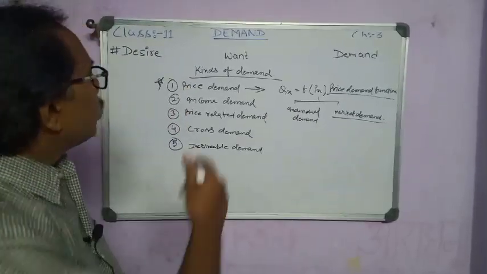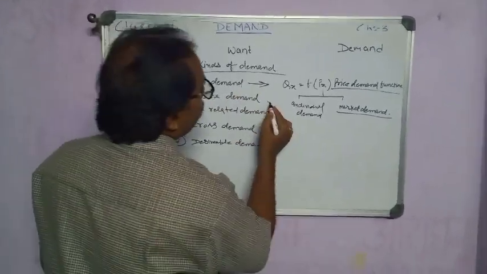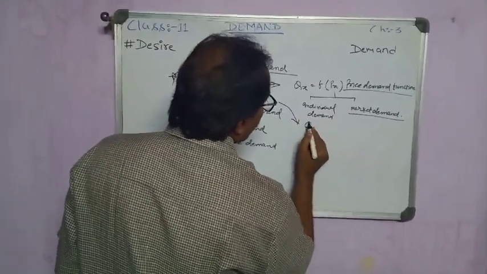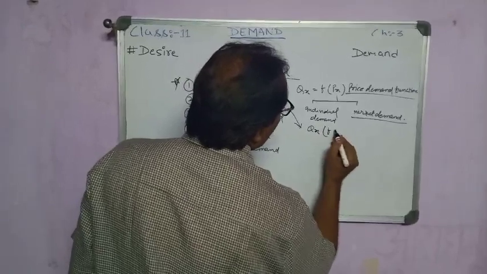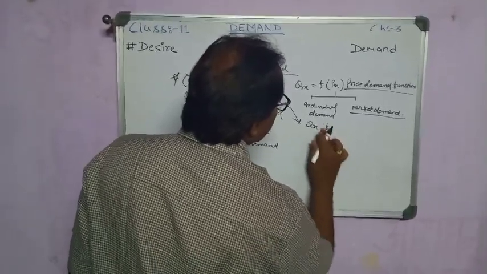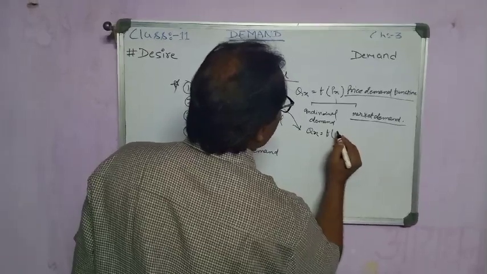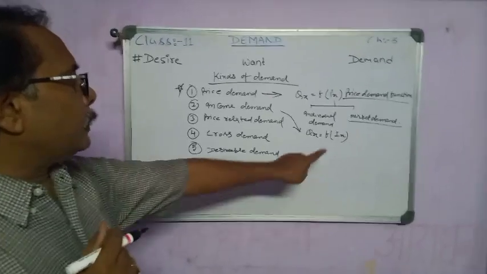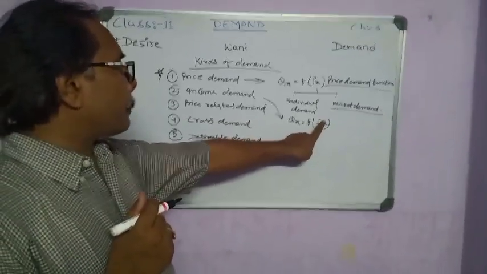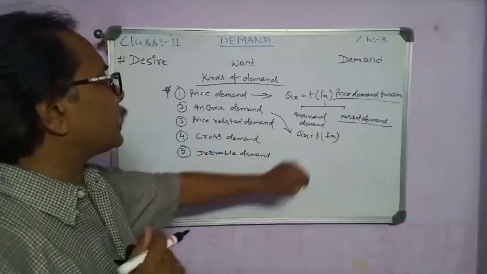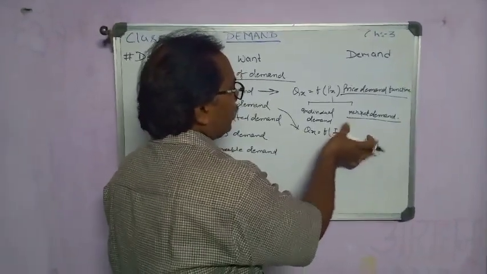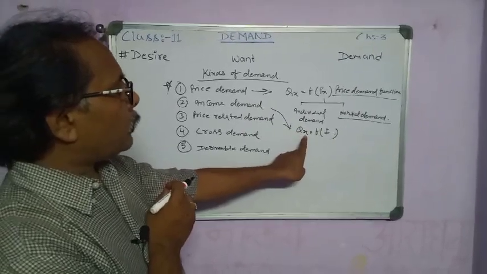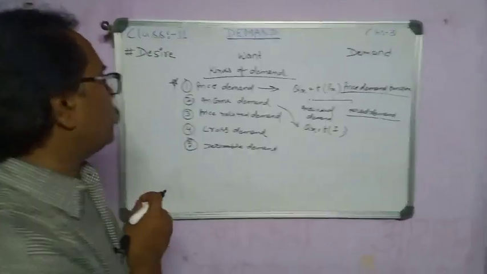Now suppose that is the income demand. Income is denoted by, suppose, I. So Qx is equal to F into I. It is a functional relation between quantity demanded of x commodity and the income of the consumer.